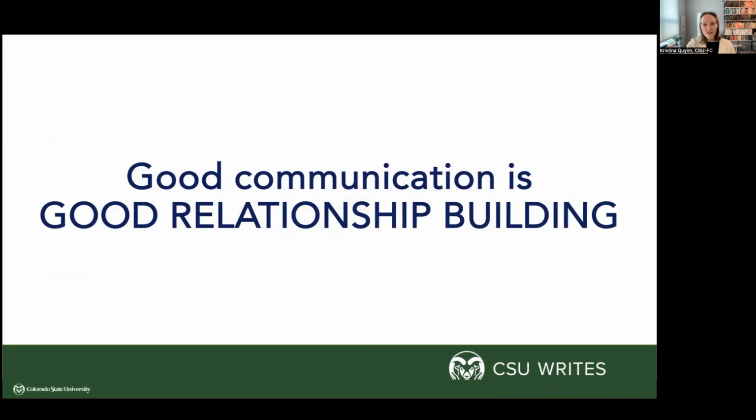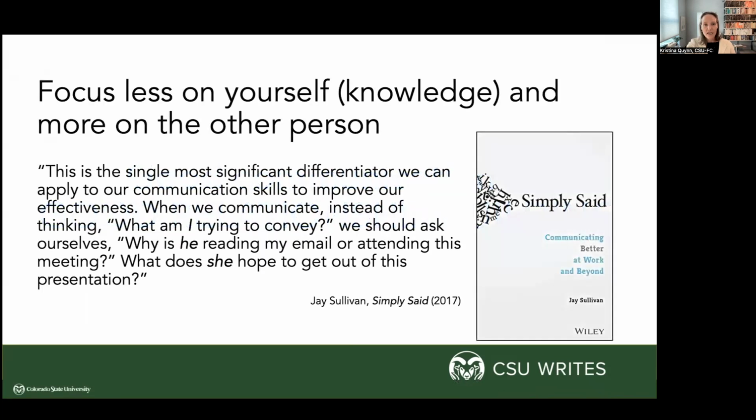Ultimately, going back to thinking about who you're connecting with, good communication is good relationship building, even when it's in the articles and on the page. And as a quick reminder, what that means is that you're going to focus less on your knowledge and more on the other person. One of the bits of advice that I got from my faculty advisor was about the difference between writing a dissertation, or a thesis, or degree completion, versus sending out an article, or revising, for example, a whole dissertation as a monograph for publication at a university press.